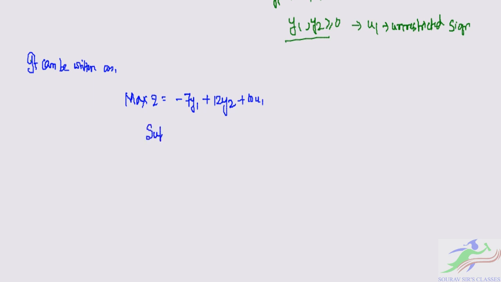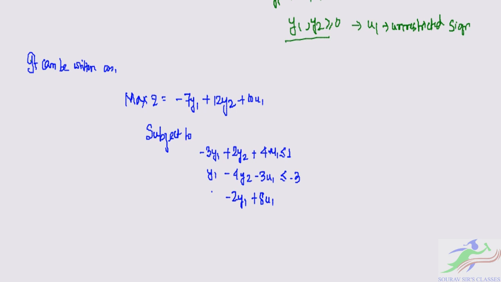So subject to the equation: minus 3y1 plus 2y2 plus 4u1 is less than or equal to 1, y1 minus 4y2 minus 3u1 should be less than or equal to minus 3, and minus 2y1 plus 8u1 is equal to minus 2.